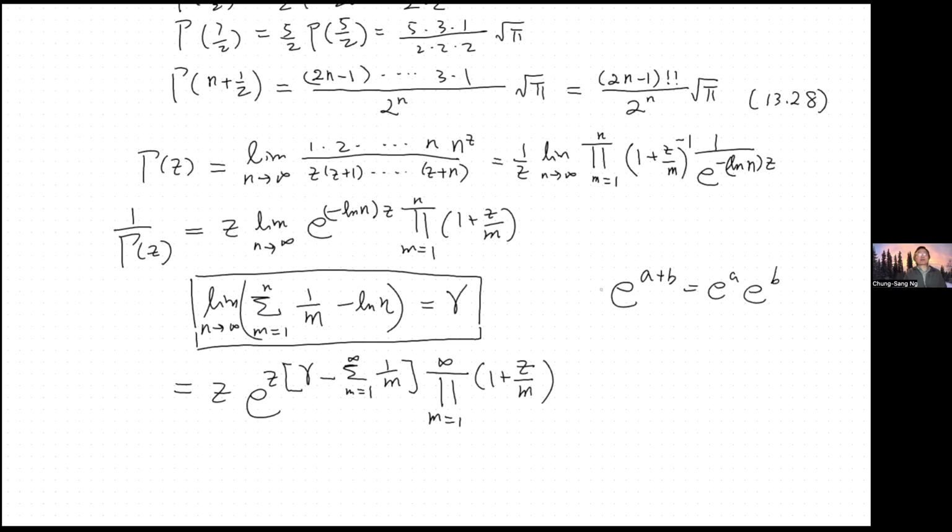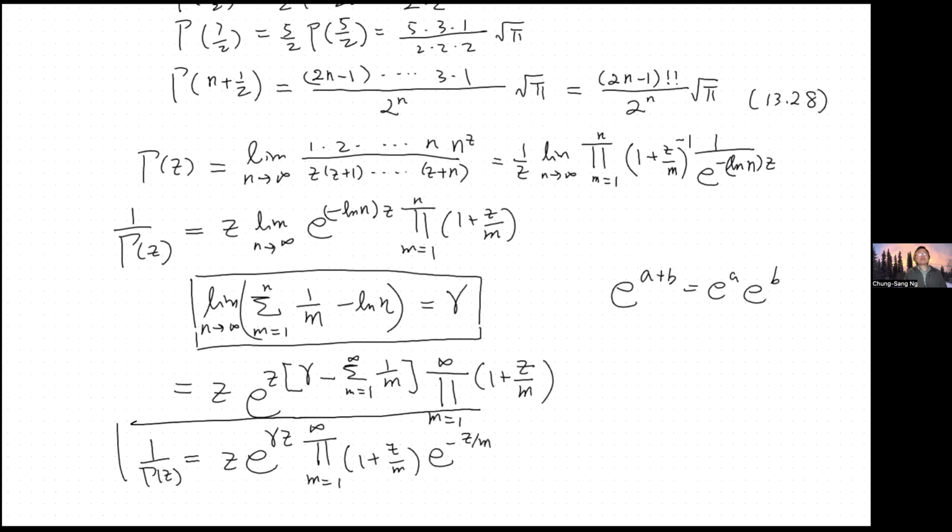Use this fact and change this sum to an infinite product and combine with this infinite product. That becomes a z e to the gamma z, and the rest is the infinite product. We have this term 1 plus z over m, and then this exponential, with a minus sign, minus z over m. So this is 1 over gamma of z.